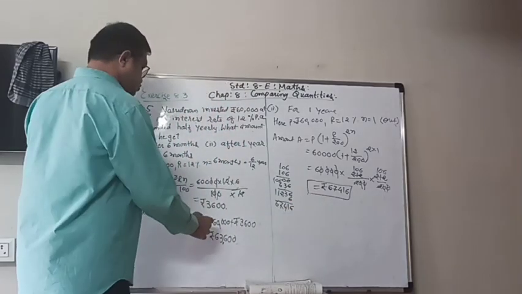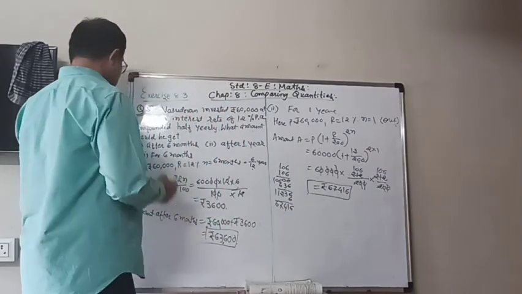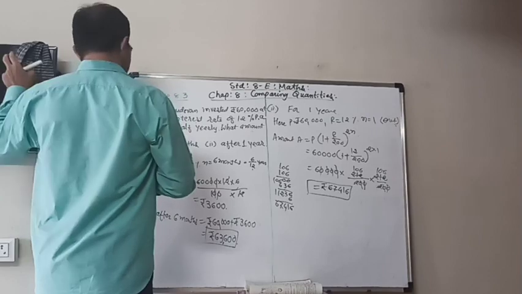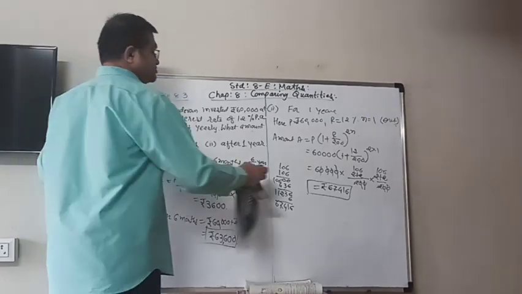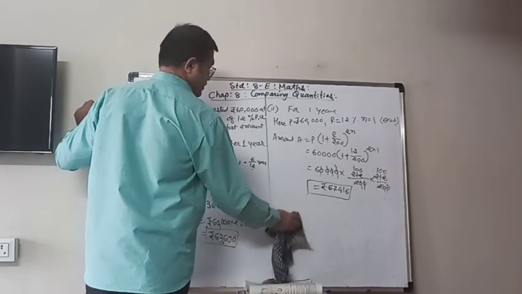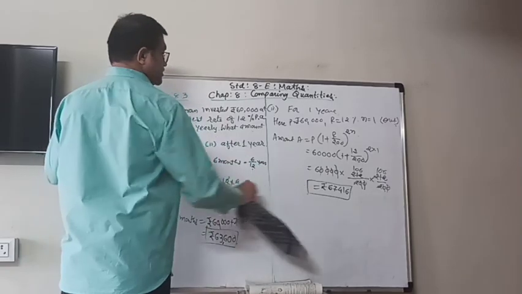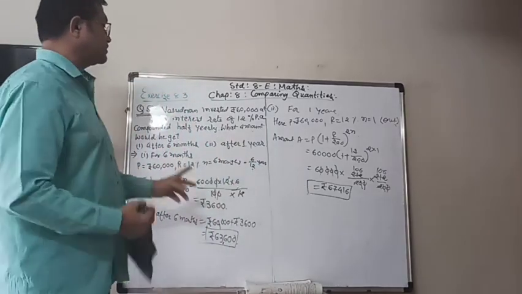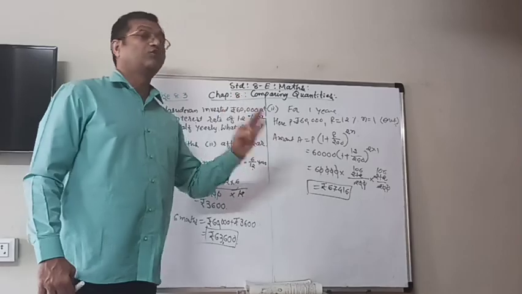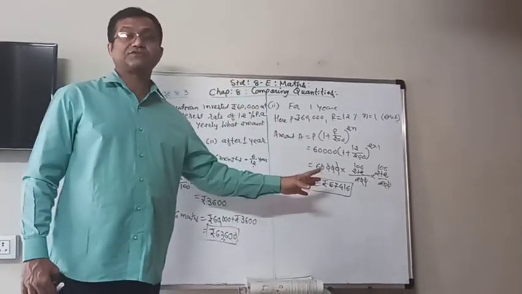So here we got two answers. One, that is the amount we get after 6 months, and the other is the amount that we will get after the 1 year is finished.